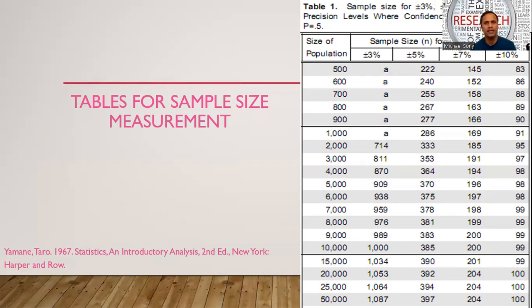Similarly, without doing any computations, you can just read from these tables the estimated sample size. There are also online calculators available. You can just Google, and they are very easily available, by which you can calculate the sample size without computation.